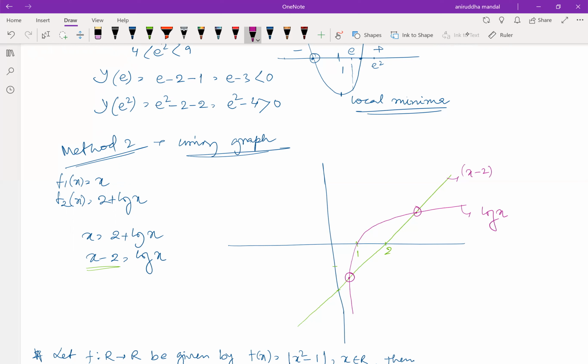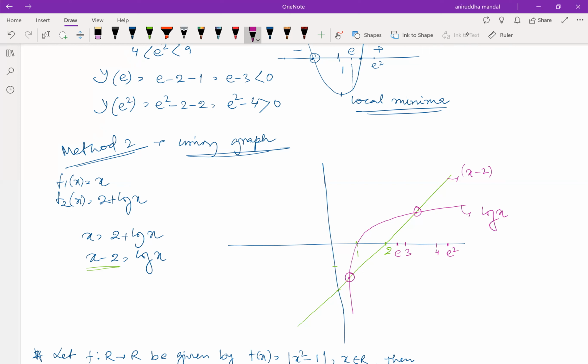You can simply write this must be 3 and this must be 4. So e should be somewhere between 2 and 3, and e square here. So there must be a point between e and e square where these graphs intersect each other.